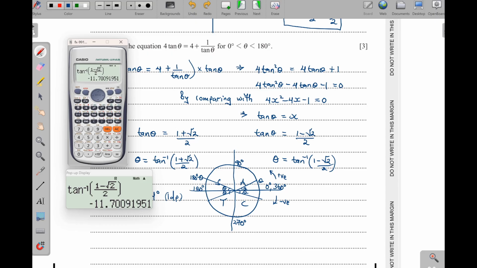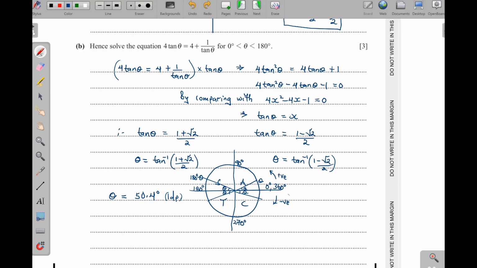Anti-clockwise is positive and going clockwise is negative, that means we shall go down here, then we fall into this quadrant. That is the fourth quadrant, and that is where tan is negative. Then also here, we shall go this other side. So we fall into the second quadrant. That is where tan is negative also.